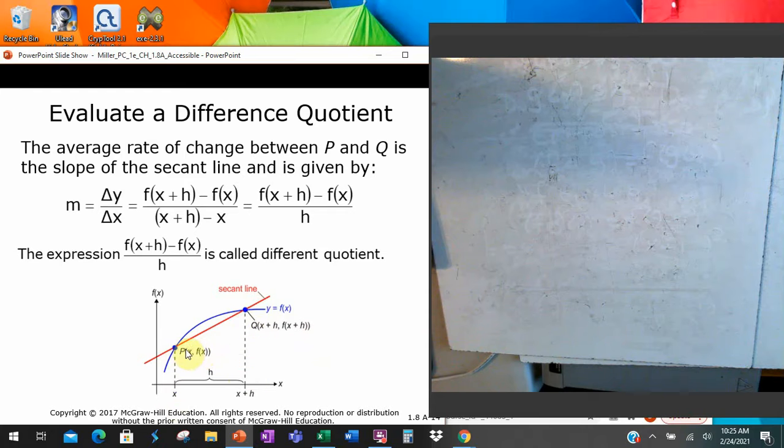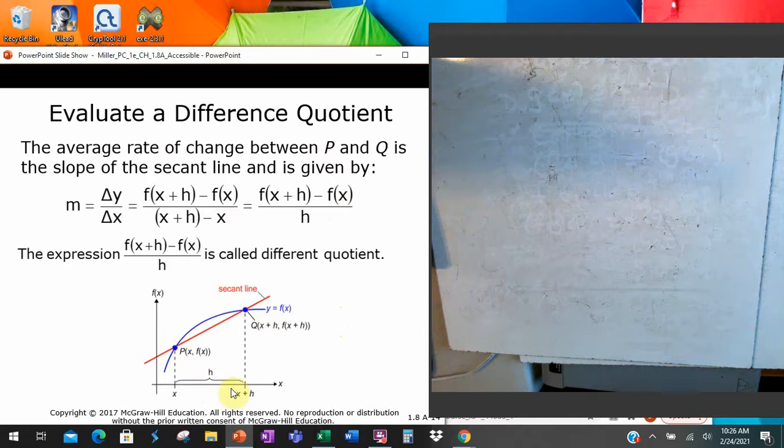That's the height there. So if I do the rise over the run, my run is just x plus h minus x, which simplifies to h.